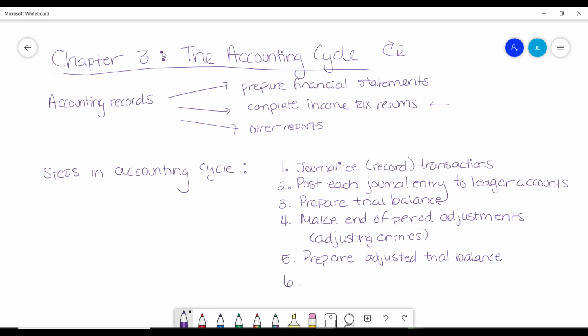Once you've prepared the adjusted trial balance, you finally have all the information you need to prepare your financial statements.